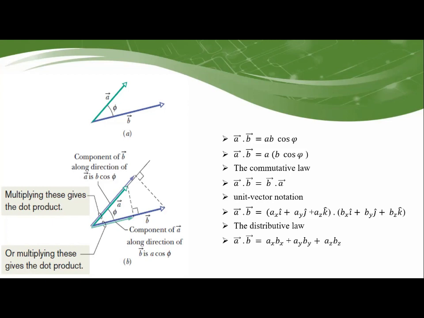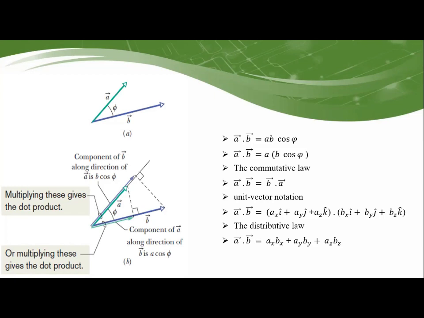Interpretation of the dot product: in figure B, vector A has a scalar component A cosine phi along the direction of vector B. Note that a perpendicular dropped from the head of vector A onto vector B determines that component.